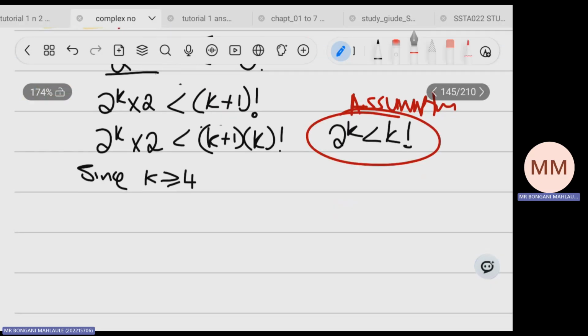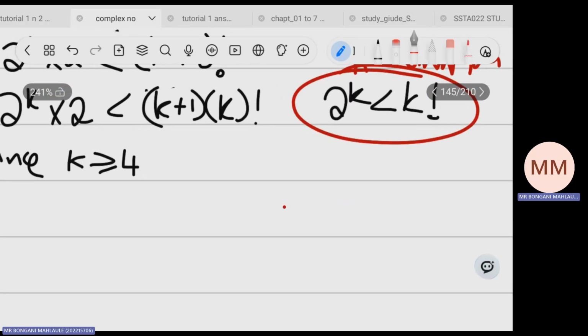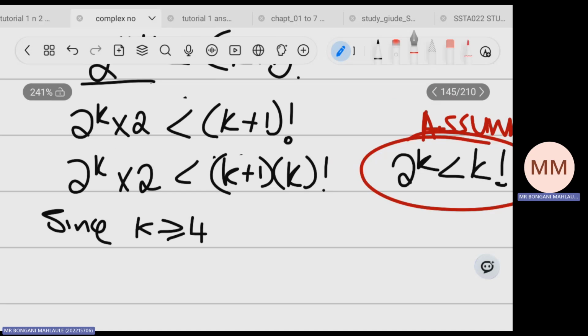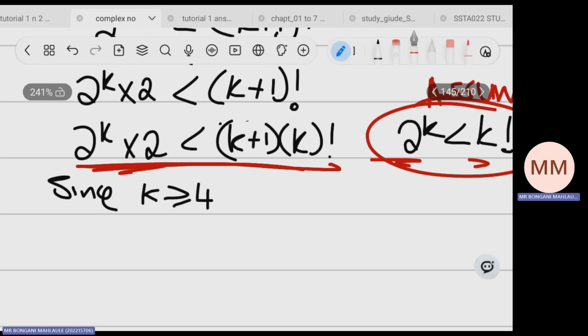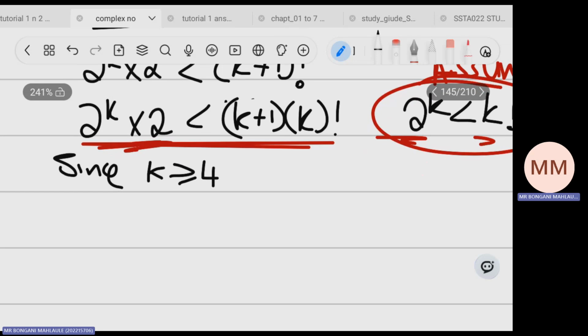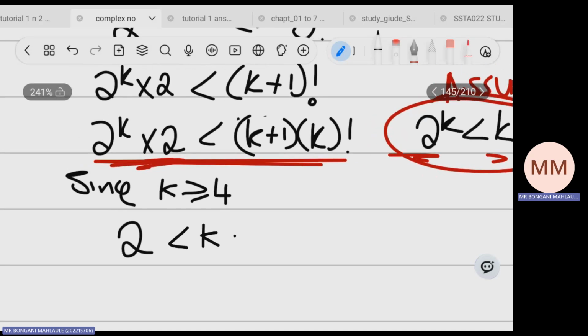So 2 to exponent k is less than that. We have already proven that that is true. So now if I multiply both sides by 2, this will still remain true. You see there. So it means that even if I have 2 only, it will be less than k plus 1.